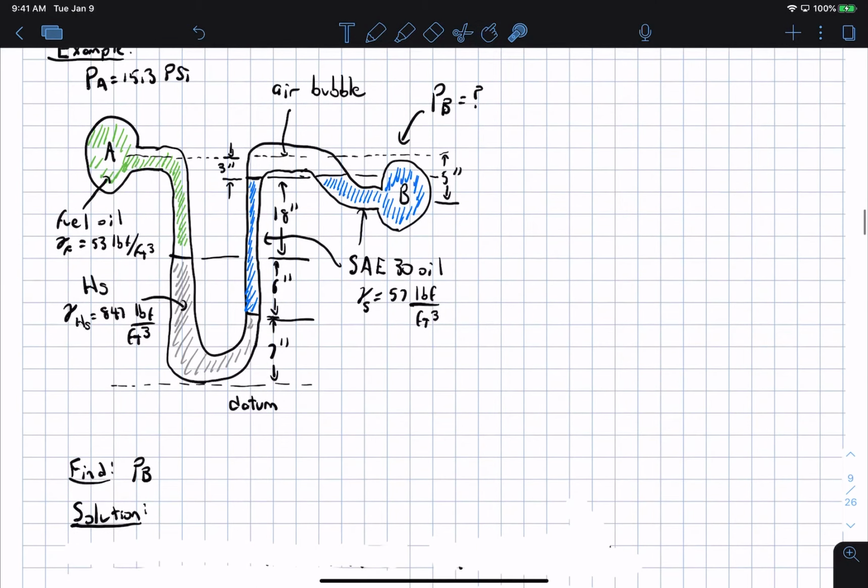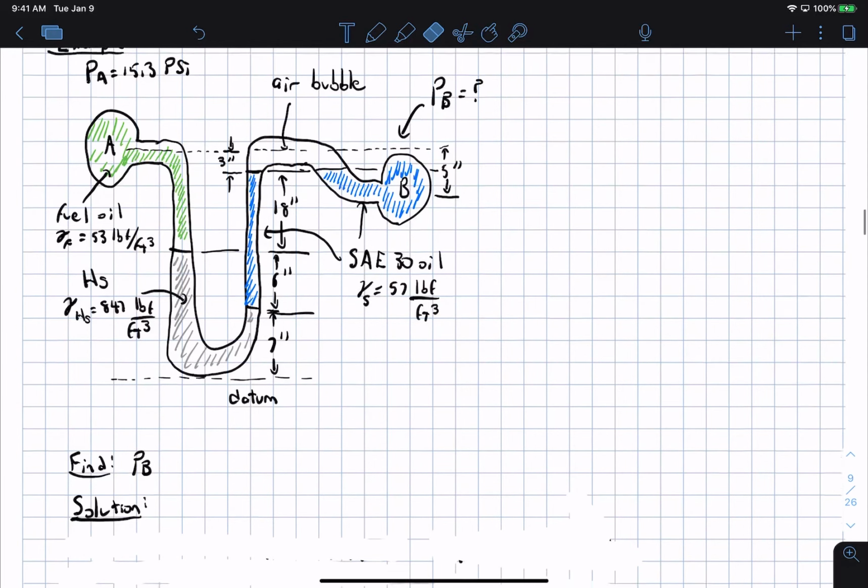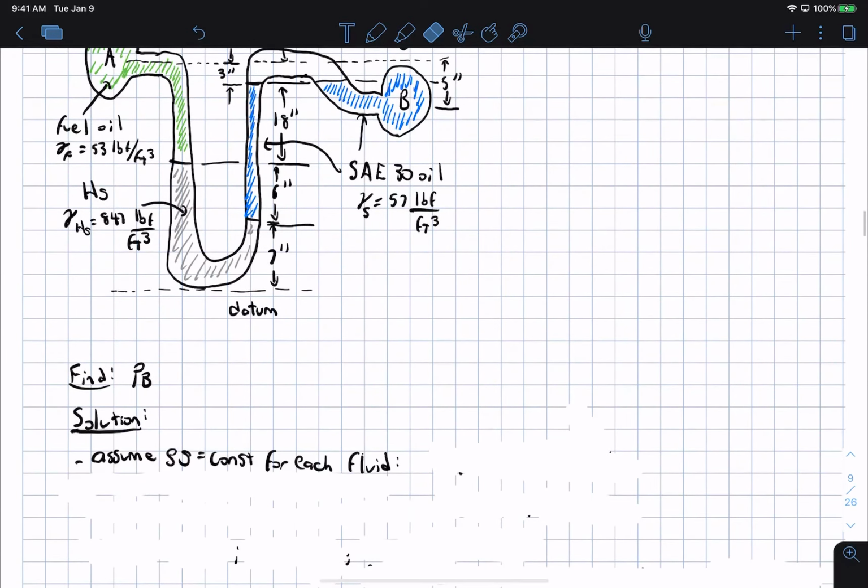So really, you just start at A and walk around until you hit B, doing the line integral procedure, which is just that formula that has the sums in it. We're going to assume that rho g is constant for each fluid.